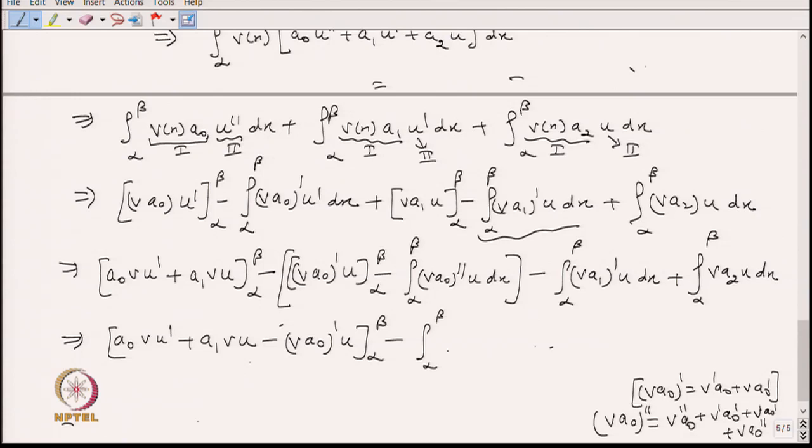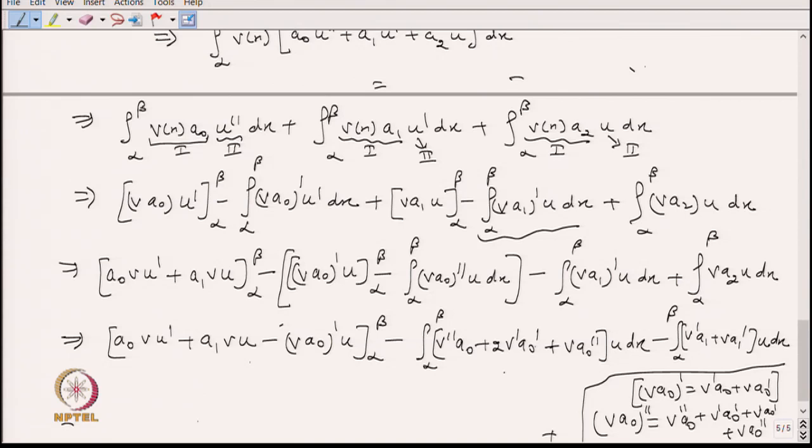So, from here I can write that this will be equal to v double dash A naught plus 2 times v dash A naught dash plus v A naught double dash, u dx, minus the integral from alpha to beta of v dash A1 plus v A1 dash, u dx, and then plus the integral from alpha to beta of v A2 u dx. So, this is the quantity I will get.